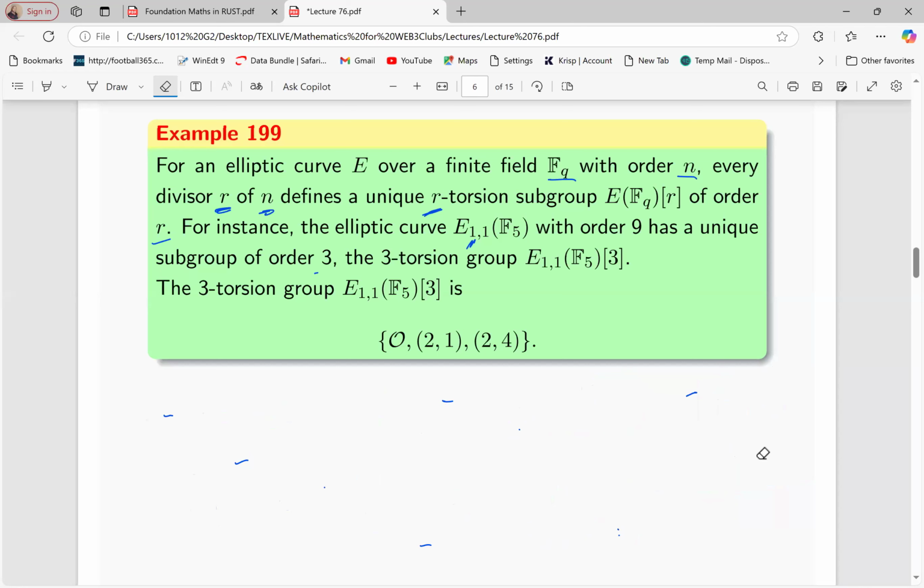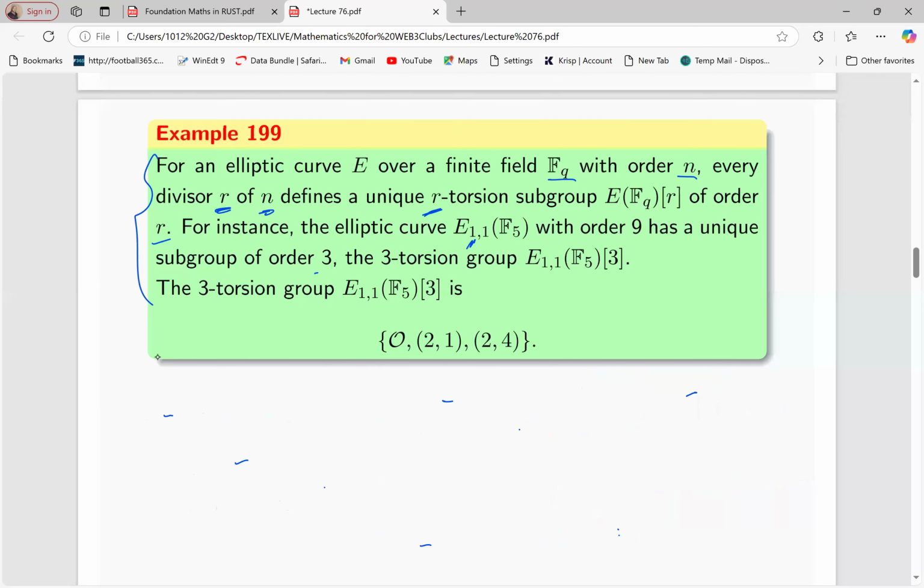Now, before I show you the code for doing that, let's begin from here and see how many points this curve has.